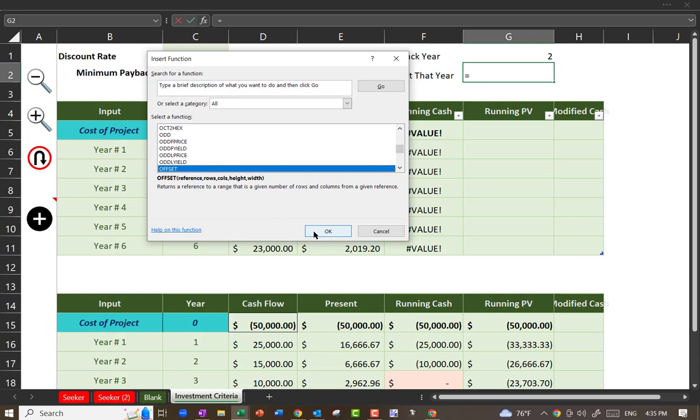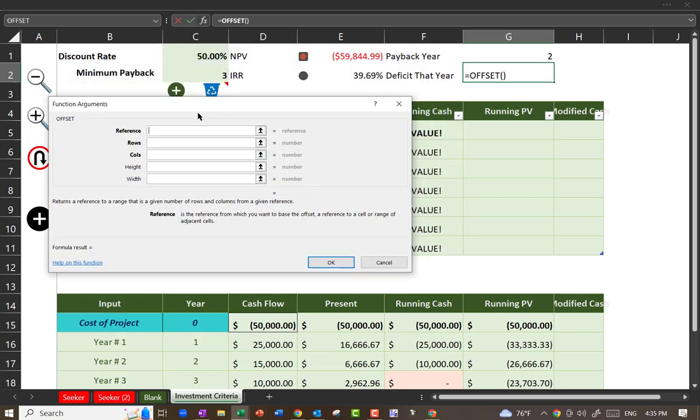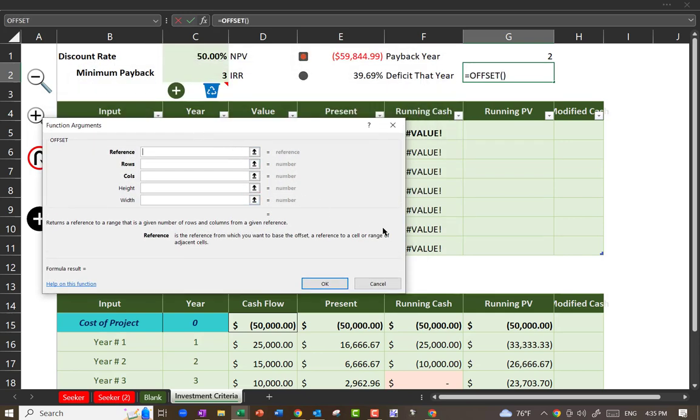And I'm going to offset that by a certain number of rows and a certain number of columns. In this case, I'm going to go 2 cells down, nothing about columns. No, 3 cells down. I need to go. I'm sorry.